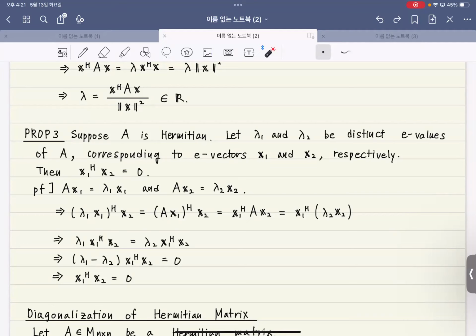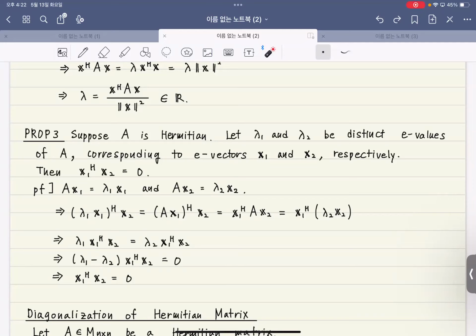That was our theory, right? And this proposition is saying even more than that. x1 and x2 are not only linearly independent, but they are orthogonal vectors, right?